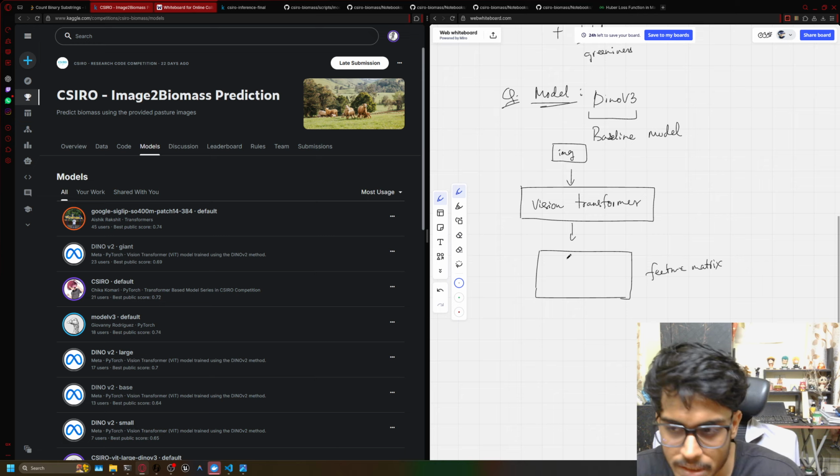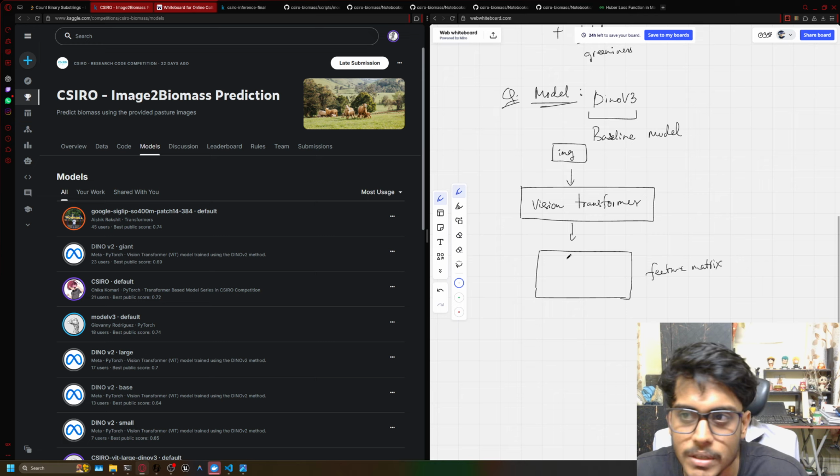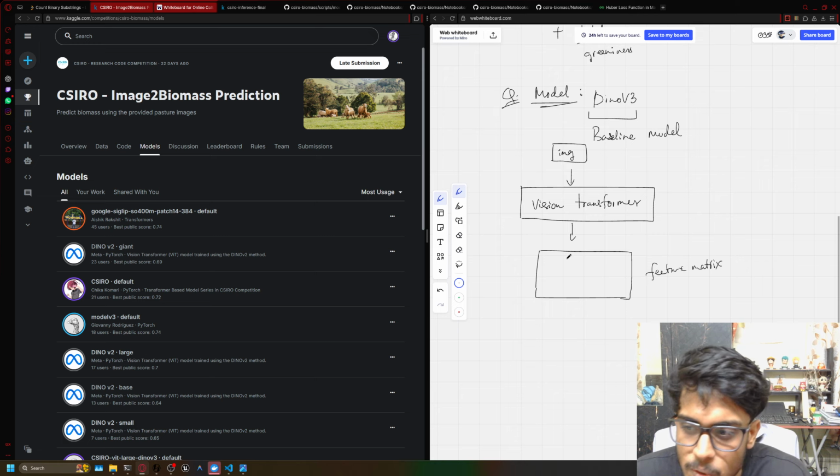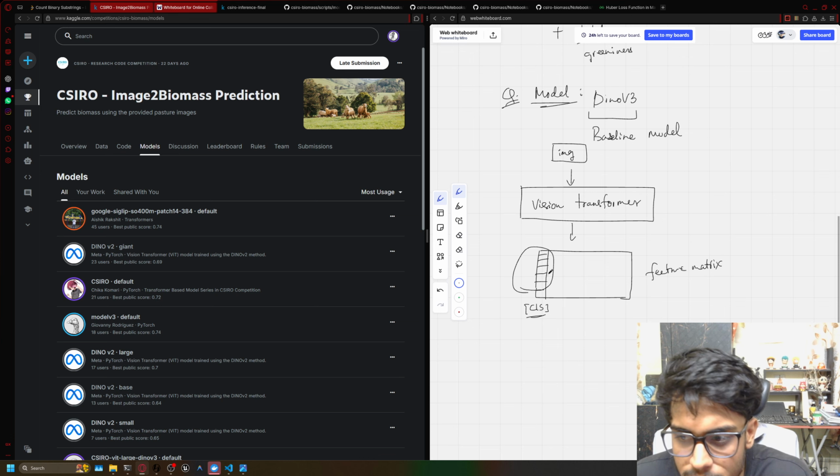I will not go into the theoretical part; there are multiple articles on how Dino v3 works. It gives me a feature matrix in which the first token is the CLS token, which contains the overall representation of the image. I took this part.